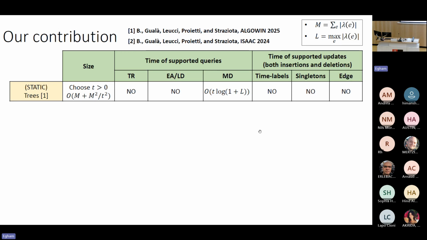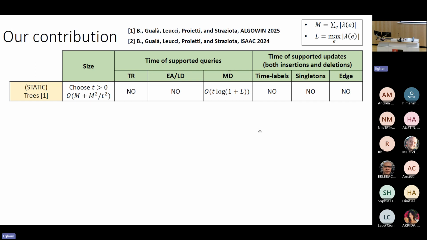So, here is the list of our contributions. We started to study this problem a couple of years ago. We haven't studied it quite intensively; so far we studied it only for forests, for trees, basically. And for static trees, we designed an oracle that supports minimum duration queries in the time that you see there.